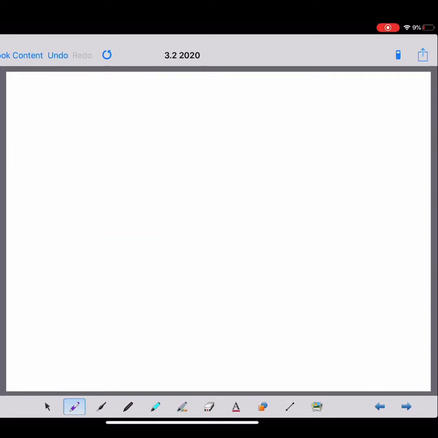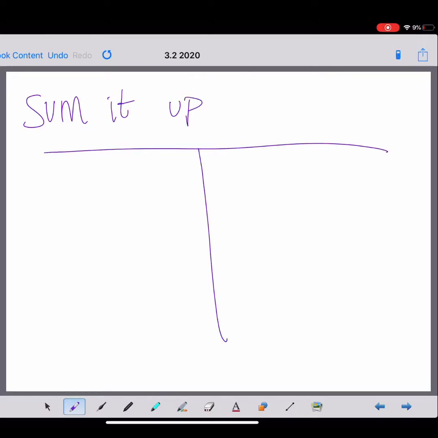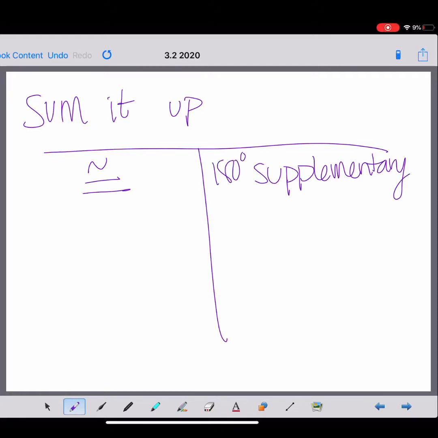So if I had to sum this up, we either have angles that are congruent to one another or supplementary to one another, and we have to add them up and set them equal to 180 degrees.